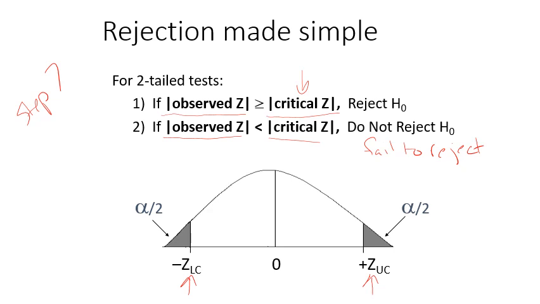So anything in the gray here is going to be greater than this upper critical, and anything in the gray here on the lower end is going to be less than this lower critical. But if you took absolute values, it would be greater than. So in a sense, the easy way to do two-tailed testing for non-directional is just take absolute values, and if your observed is greater than your critical, then you reject.